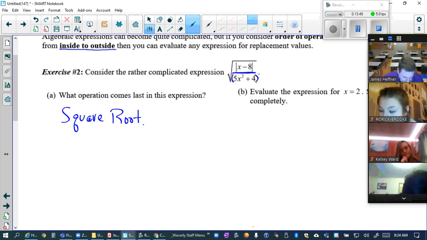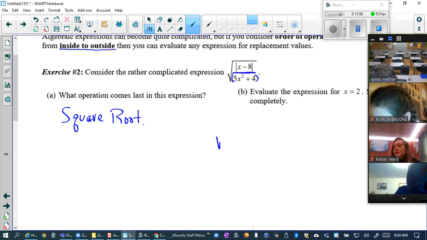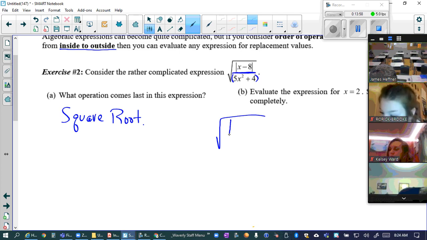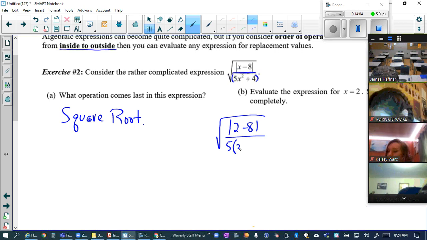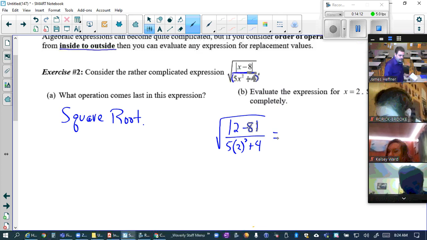All right, so let's go over to part B. Let's evaluate that expression for when x equals 2. So let's just plug it in. So we get the square root of the absolute value of 2 minus 8, over 5 times 2 squared plus 4. Okay? So let's work on the top part there.